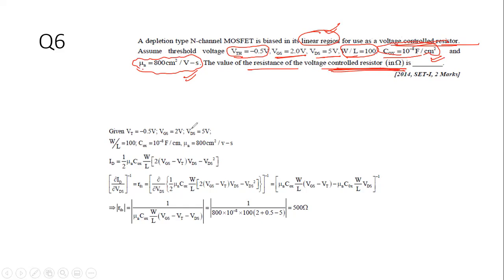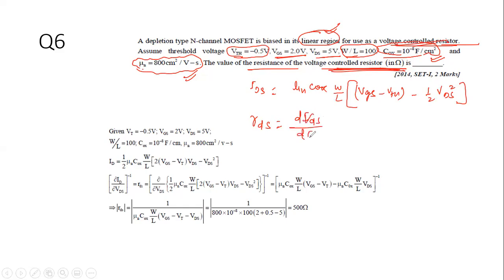So the value of resistance, my dear students, as you know, IDS equals mu n C oxide W by L into VGS minus VTH times VDS minus half VDS square. Now the value of resistance in this case is dVDS upon dIDS, or dIDS upon dVDS to the power minus 1.